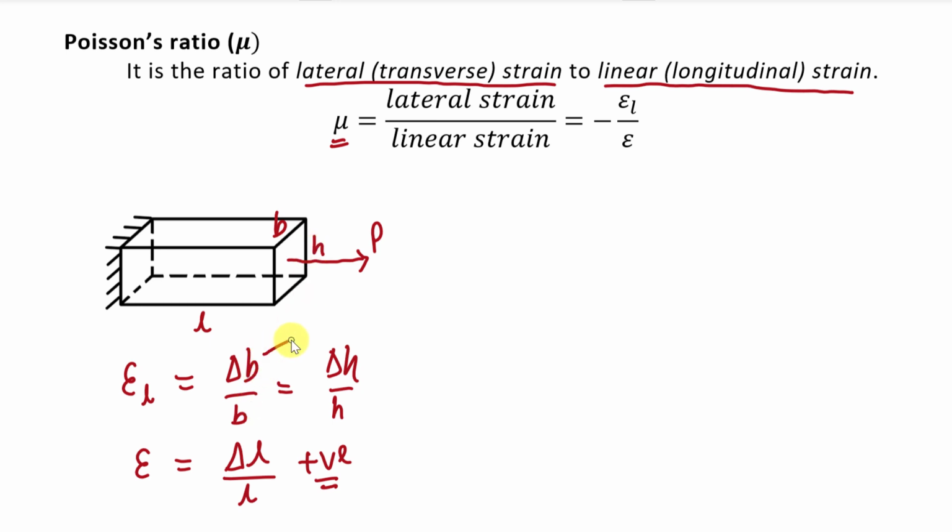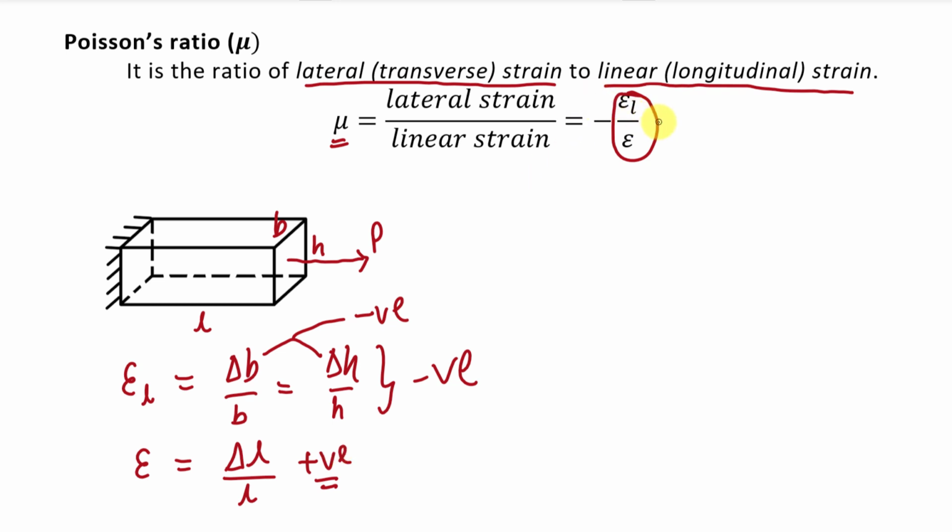So here this delta B and delta H will be negative. So finally this epsilon L, that is lateral strain, will be negative, right? So this ratio will be a ratio of a negative value to a positive value.